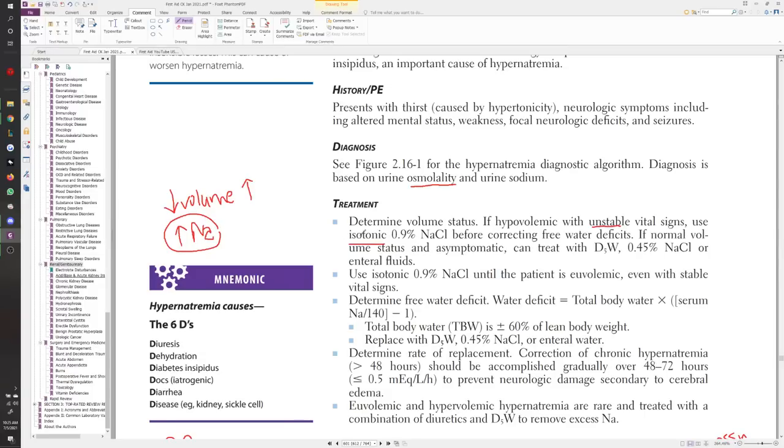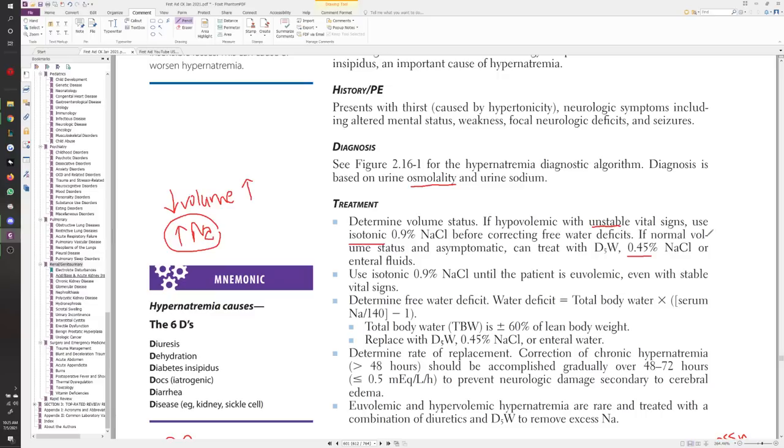If you do end up using hypotonic saline, you would give them a lot of fluid that doesn't have high salt, and you wouldn't be able to monitor what you're actually changing. Is it improving or not? You want to change one variable at a time. If there's normal volume status and the patient is asymptomatic, then you can use the hypotonic thing, 0.45% NaCl.